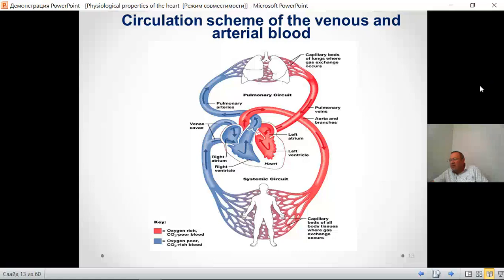The right ventricle pumps deoxygenated blood into the pulmonary trunk, which leads towards the lungs and bifurcates into the left and right pulmonary arteries. These vessels in turn branch many times before reaching the pulmonary capillaries. Here gas exchange occurs: carbon dioxide exits the blood and oxygen enters.